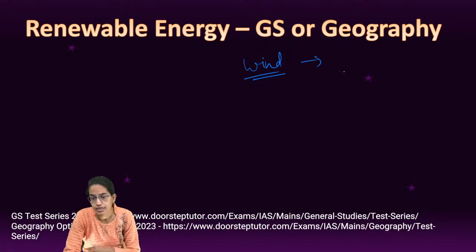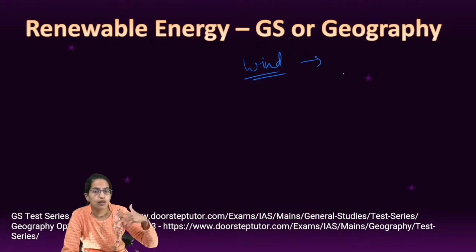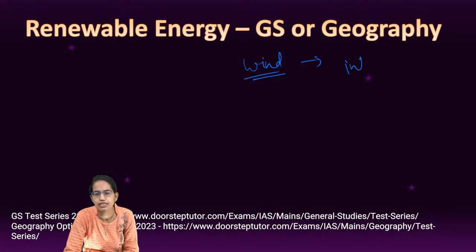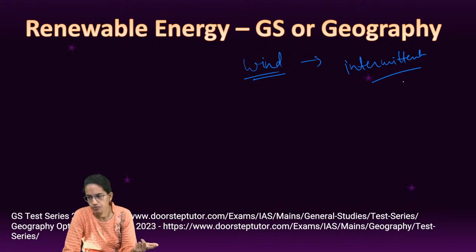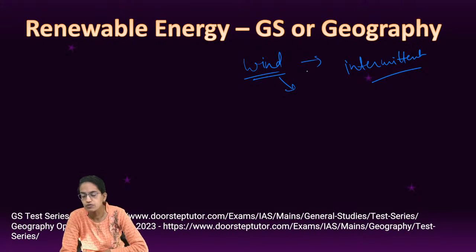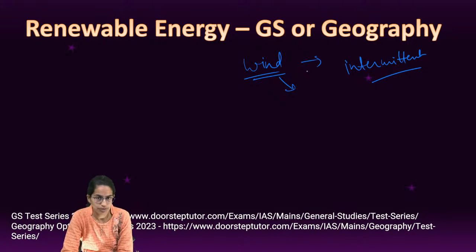There is additional capacity to increase the wind power generation, but one limitation is that it is intermittent. That means wind does not blow regularly. So when the wind blows, you can have the wind energy, but at other times you would have to have a backup source for this energy source. Also, this energy source does not have any adverse impact on the environment. So that's another way of putting this point.